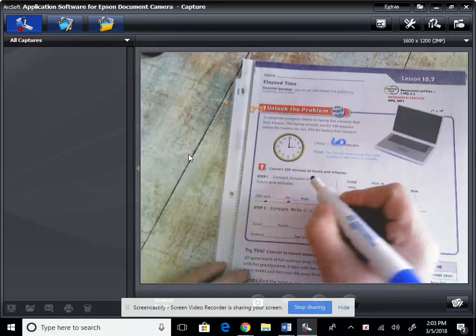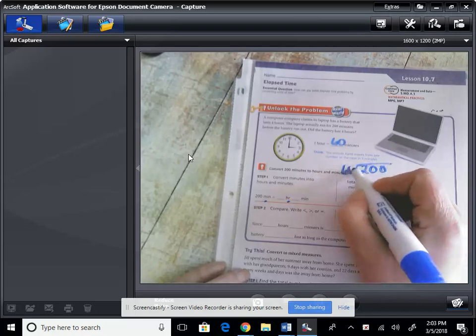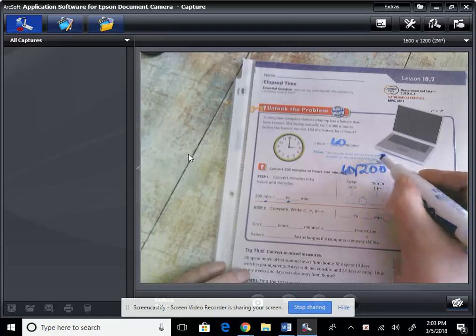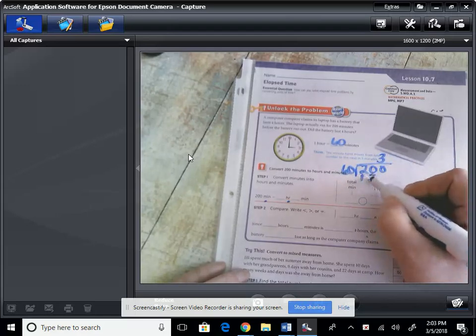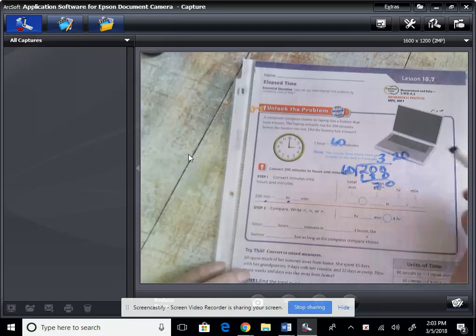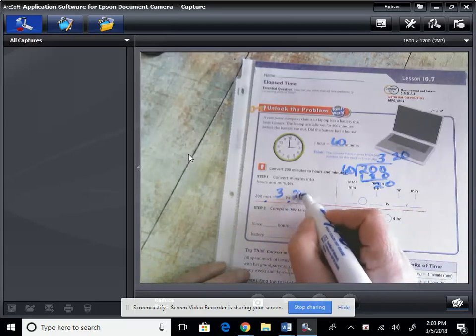So we have 200 divided by 60. We know 6 can go into this 3 times, and that's 180, and 20 minutes left over. So it's 3 hours and 20 minutes.